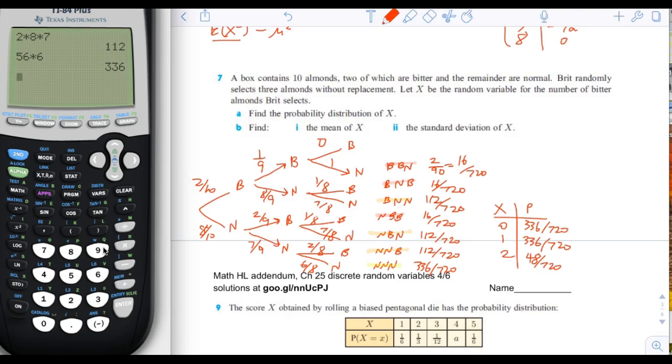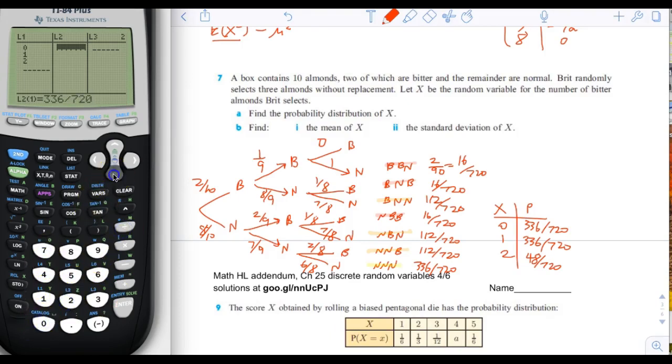That's A. B, find the mean of x and the standard deviation of x. Okay, so you could multiply those out and do it by hand, but why don't we just do it with the calculator? Okay, so stat, edit, and I'm going to clear these, and I'm going to put 0, 1, 2 down the first column, and I'm going to put 336 divided by 720 here.